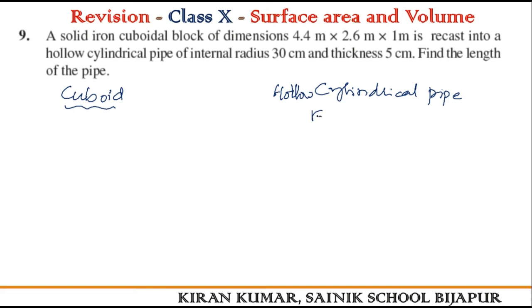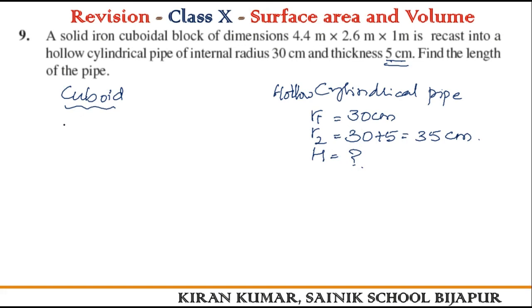One is the internal radius and another is the external radius. Here the internal radius is 30 centimeter, and since the thickness is 5 centimeter, the external radius is 30 plus 5, 35 centimeter, and we require to find the height of this cylindrical pipe.